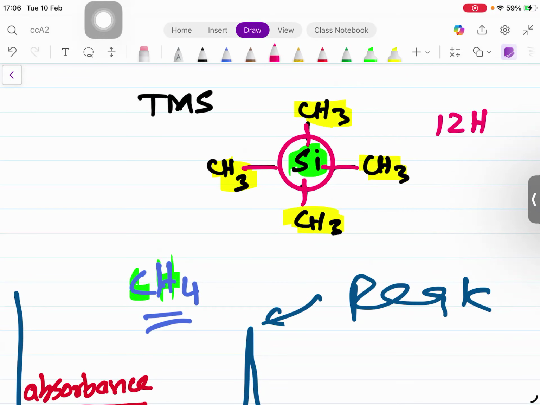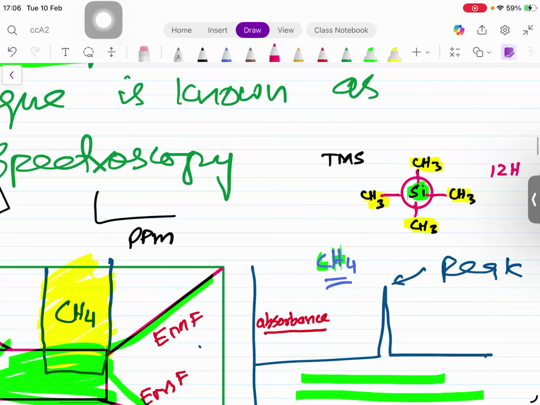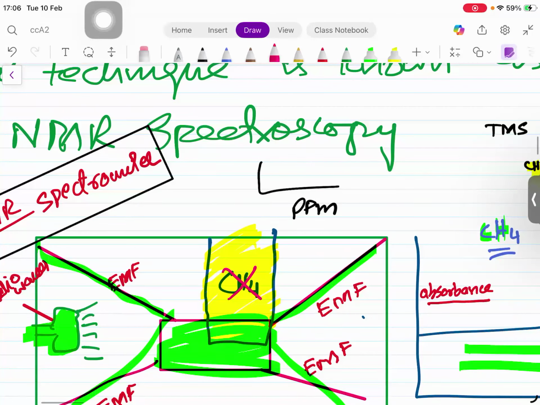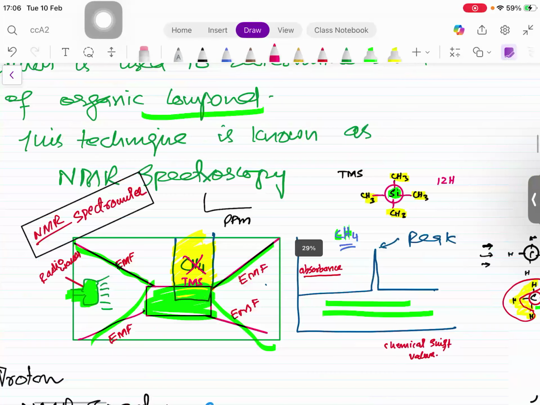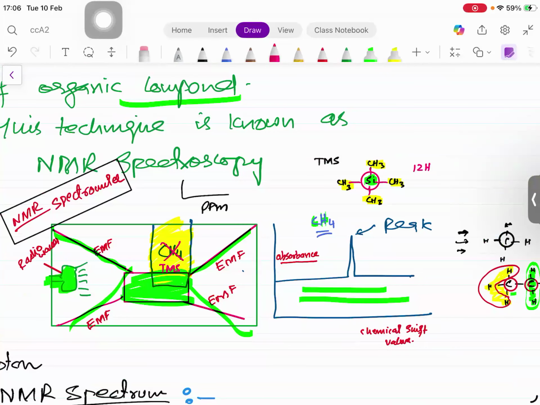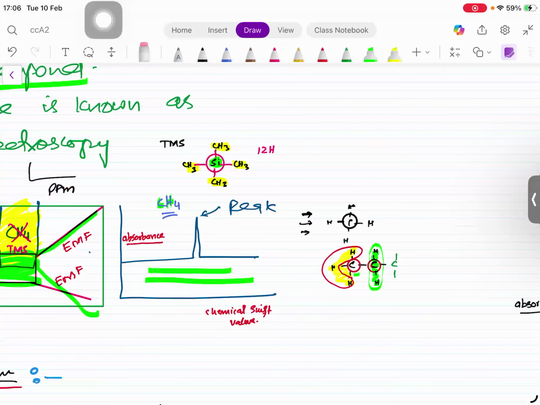Okay? So what we did, before putting this methane, I put TMS here. Tetramethyl silane. And switched on the radio waves. So the protons of tetramethyl silane, they absorb the energy, and you know they give a peak like this.